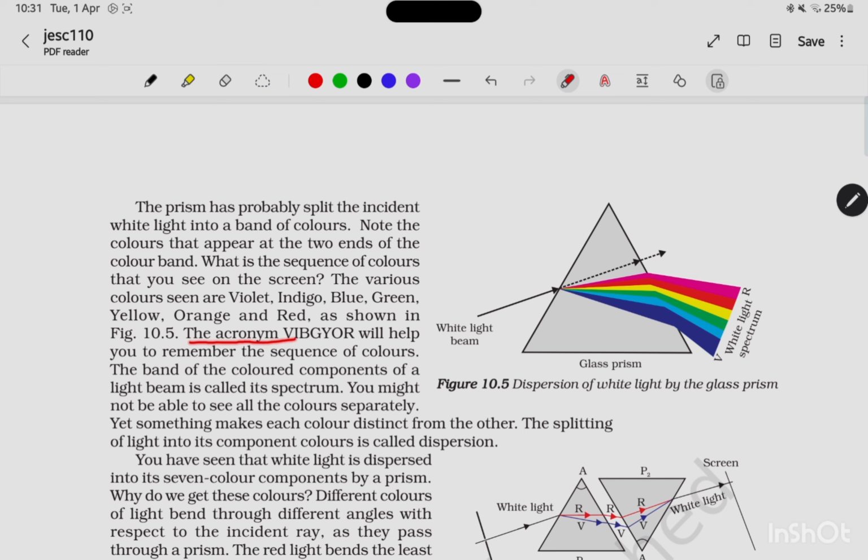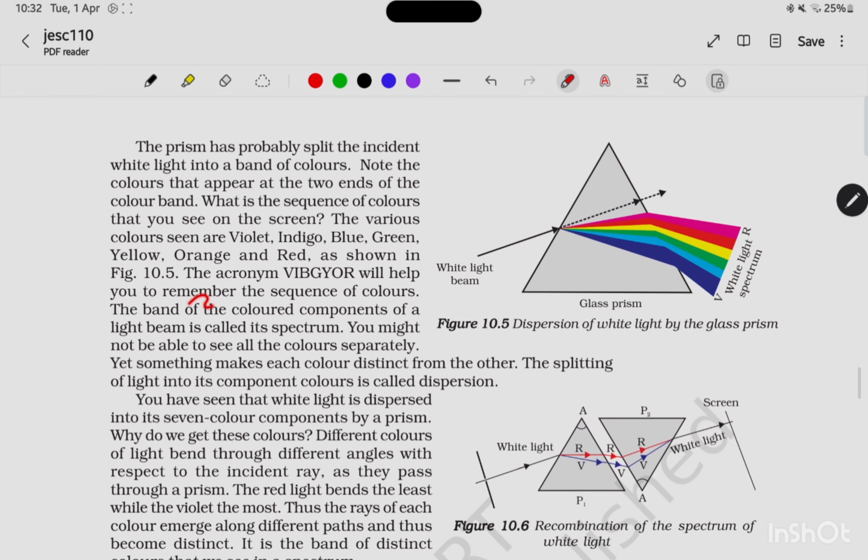The acronym VIBGYO will help you remember the sequence of colors. So violet, indigo, blue, green, yellow, orange, red. VIBGYO. The band of the colored components of a light beam is called its spectrum.